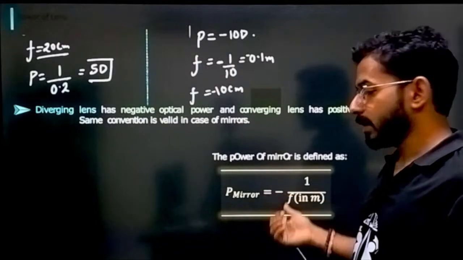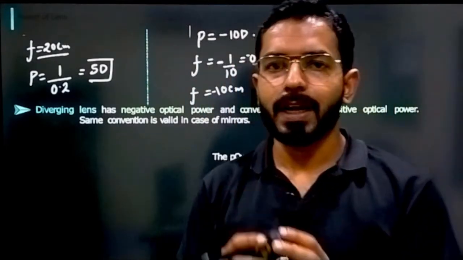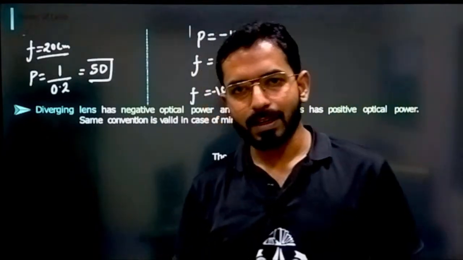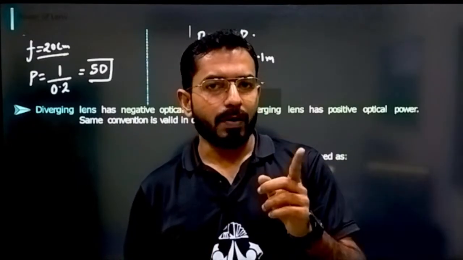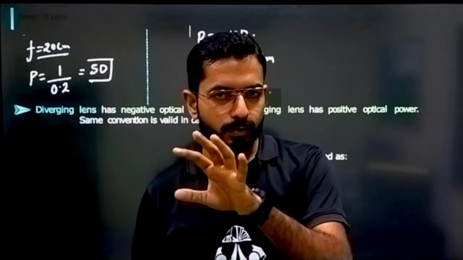Power of mirror is defined as minus 1 by f, because we always try to make converging things have positive power. If you focus properly on the convex lens, it is a converging lens, and power is 1 by f. That means power is positive because 1 by f is positive for a converging lens.